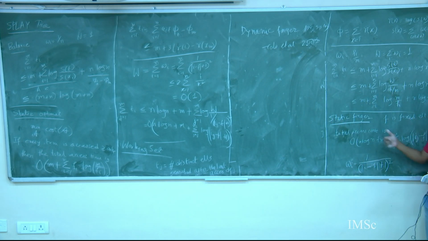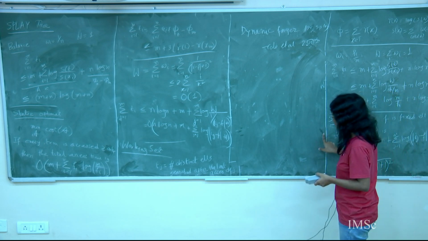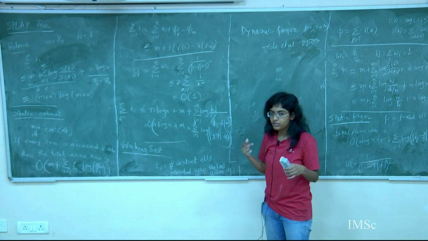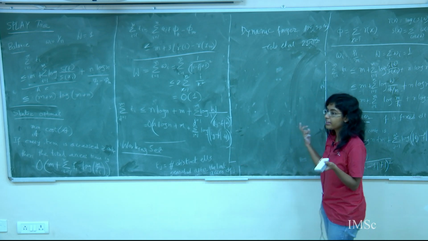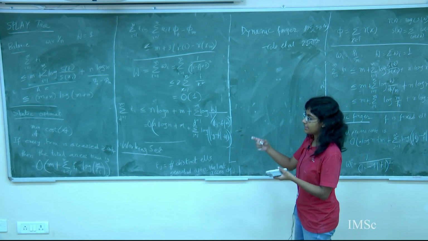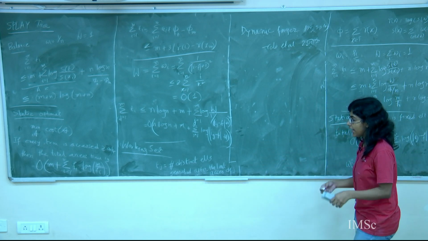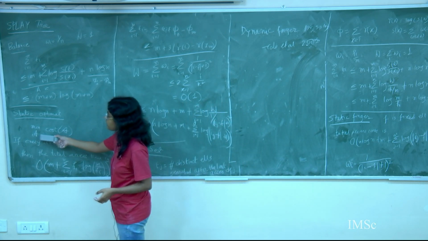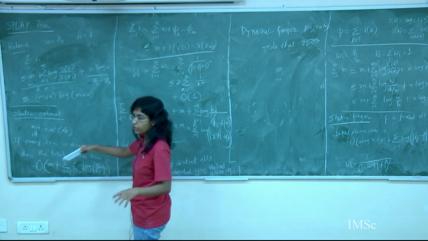Dynamic finger means your finger is allowed to move. I am not going into detail, I am just telling you that splay is still a very good candidate for when I don't know the access sequence and am looking for an algorithm A which will minimize this cost.